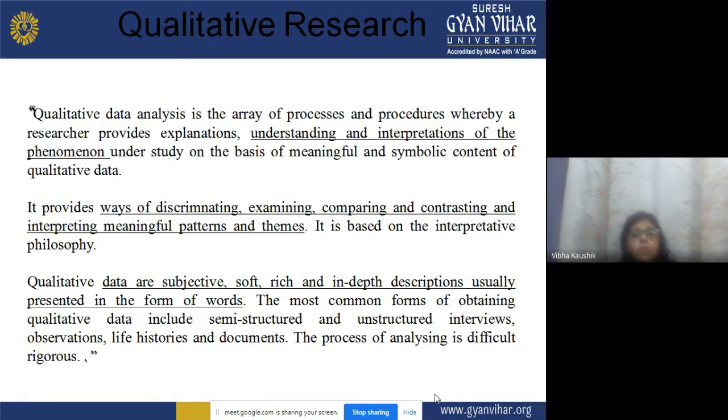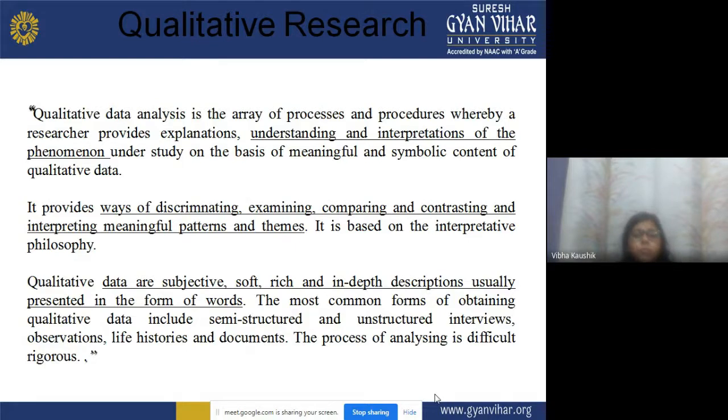Qualitative data analysis is the range of processes and different procedures that we apply, whereby a researcher provides explanation, depth of understanding, comprehension and interpretation of the phenomena under study on the basis of the meaningful and symbolic content of qualitative data.